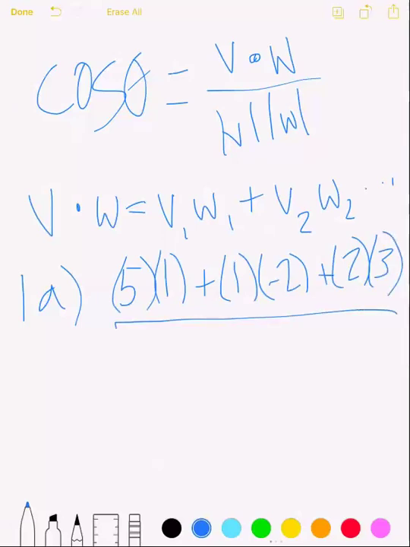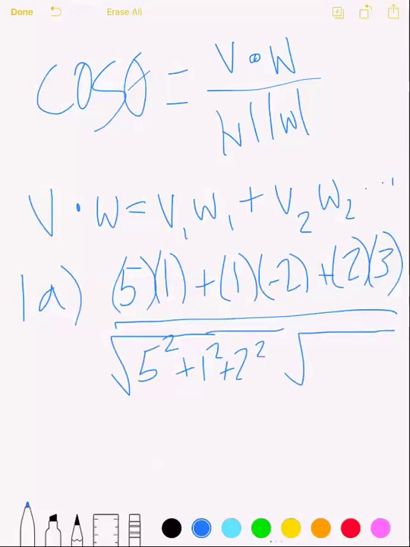And all of that would be divided by the magnitude of V, which is the first one, so the square root of 5 squared plus 1 squared plus 2 squared, times the square root of 1 squared plus negative 2 squared plus 3 squared.